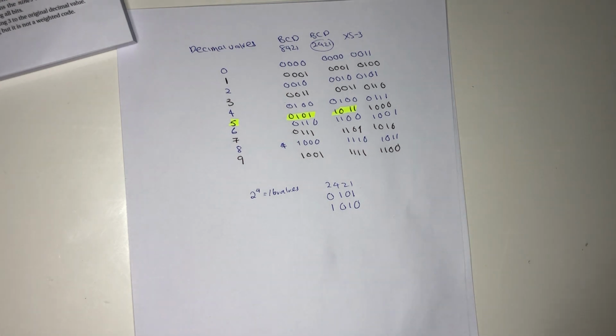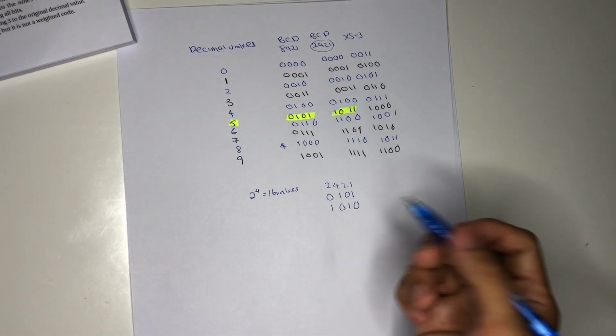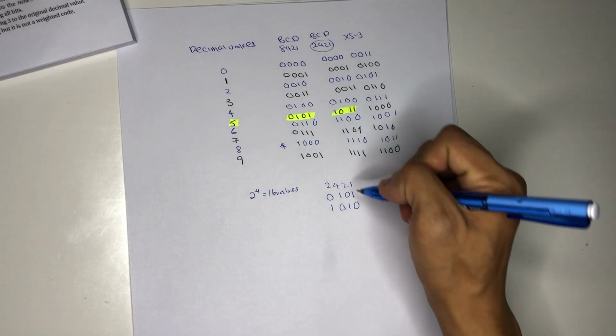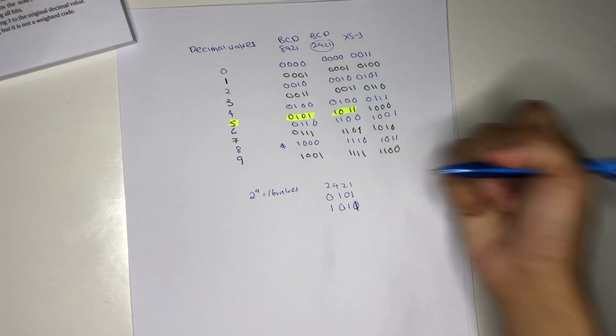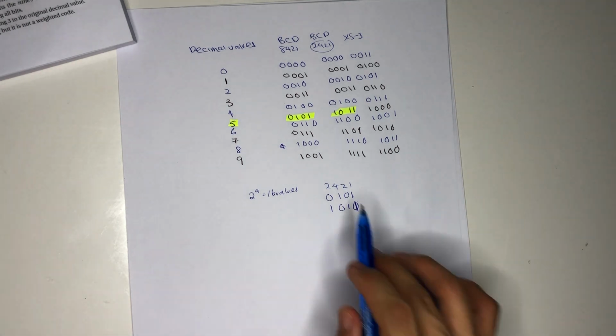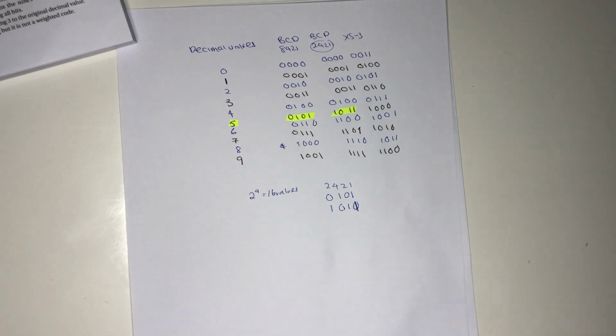Is there any other way you can get 5? Can you tell me? So this is to get 5, 2 plus 2 plus 1. From this you can see there are at least 2 possibilities to get a value of 5. So which to be selected?